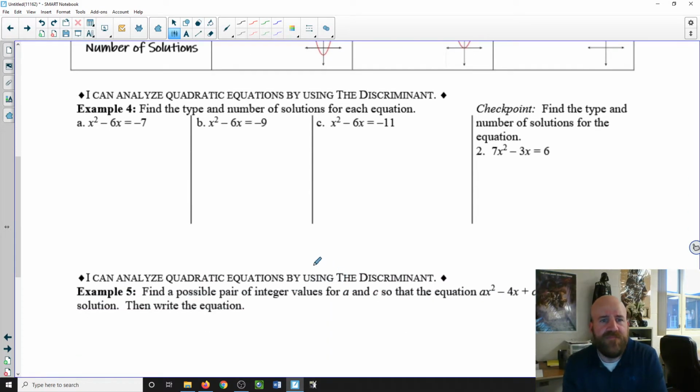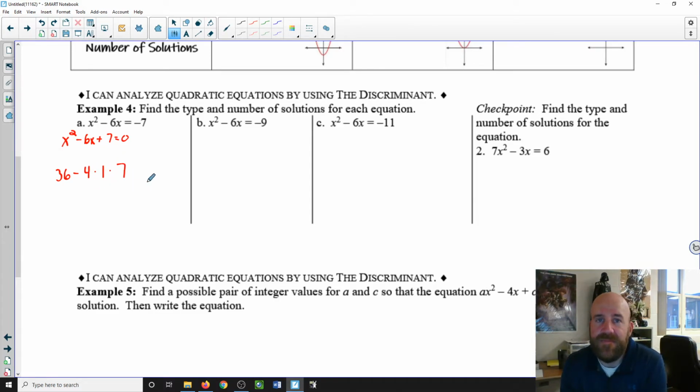So example 4, find the type and number of solutions for each equation. So we need to first put it all into standard form, just like we do when we're using the full quadratic formula. So add over 7. And all we have to do is think about what b squared minus 4ac would be. So b squared, so negative 6 squared is going to be a positive 36, minus 4 times a, which is 1, times c, which is 7.